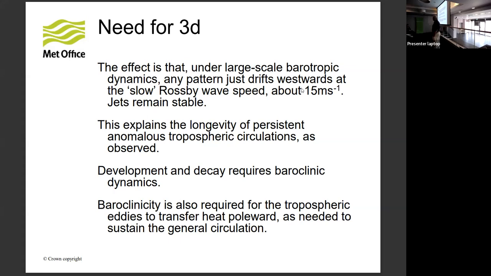The key thing is that these eddies have to be able to transfer heat. If you have a two-dimensional model, which is essentially geostrophic, then you don't transfer any heat whatsoever, because everything's the same at all heights, and there's no geostrophic temperature convection at all. They can only transfer heat very inefficiently. So it's fundamentally necessary to have baroclinic dynamics.